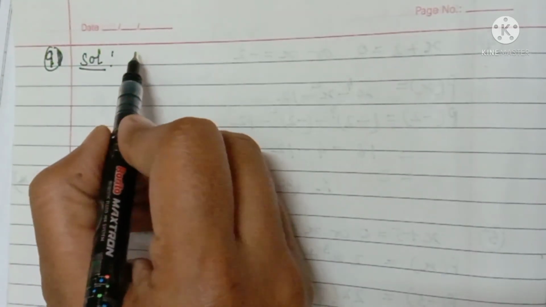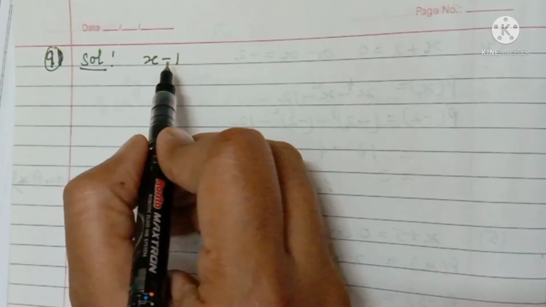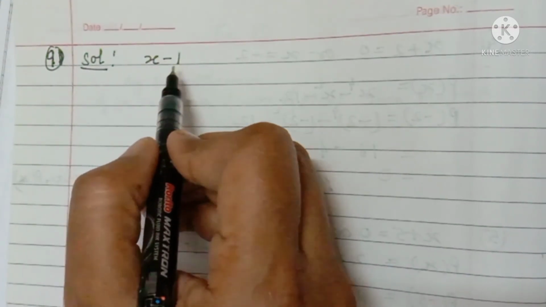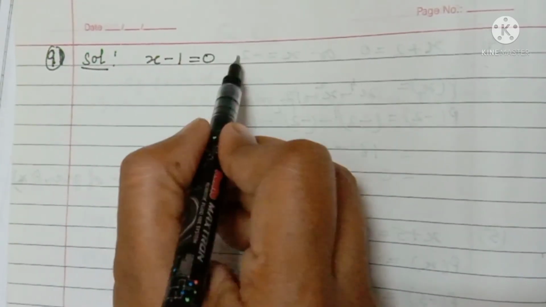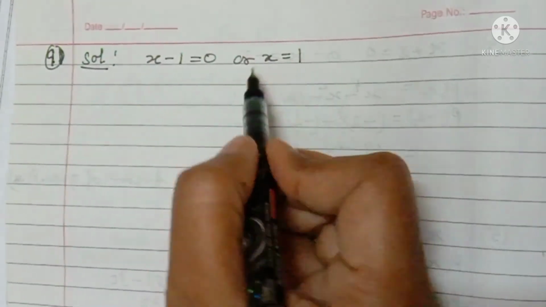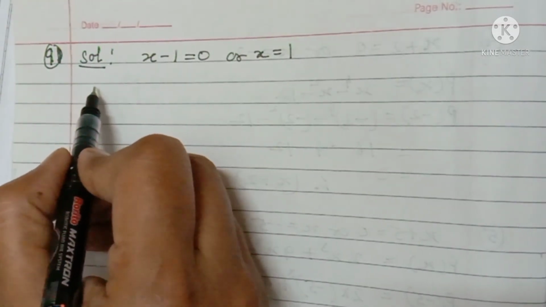So here we are using x minus 1 is a factor of the given polynomial. So you will substitute x minus 1 is equal to 0 or x is equal to 1. Now substitute this value in the polynomial.